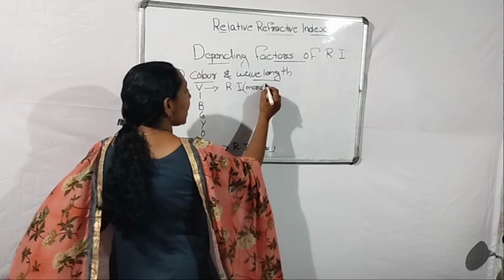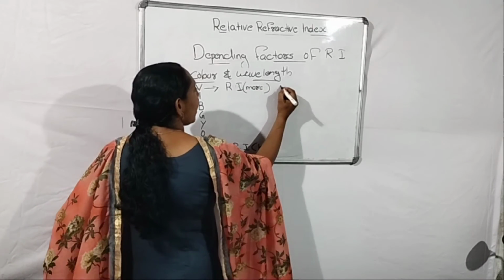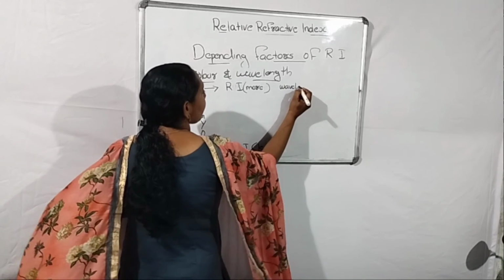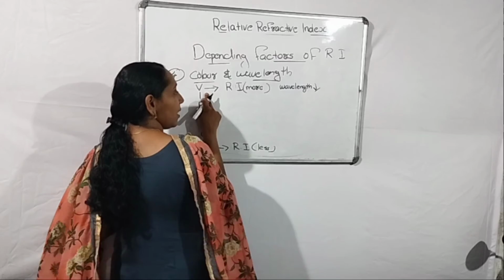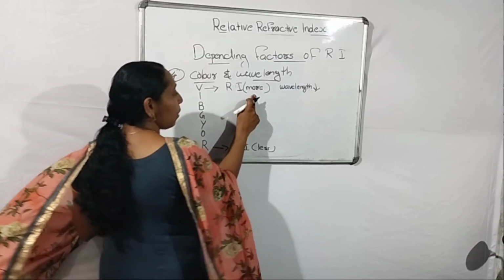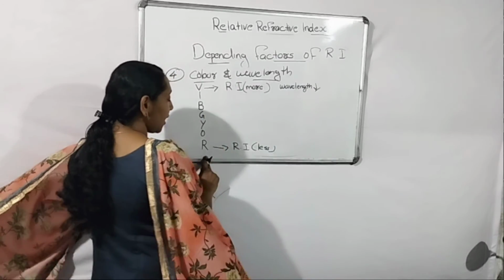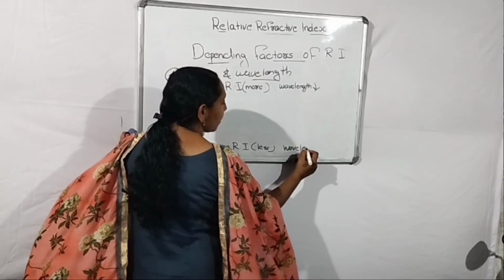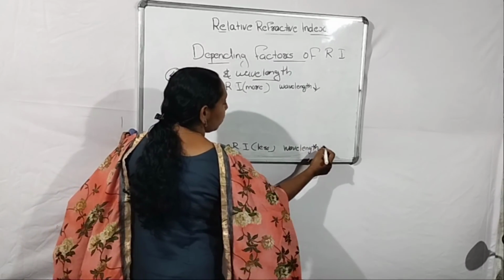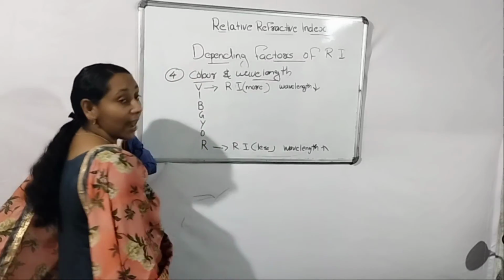The meaning is that the wavelength is less in the case of violet, that's the reason the refractive index is more. But in the case of red, the wavelength is more, so the refractive index is less.